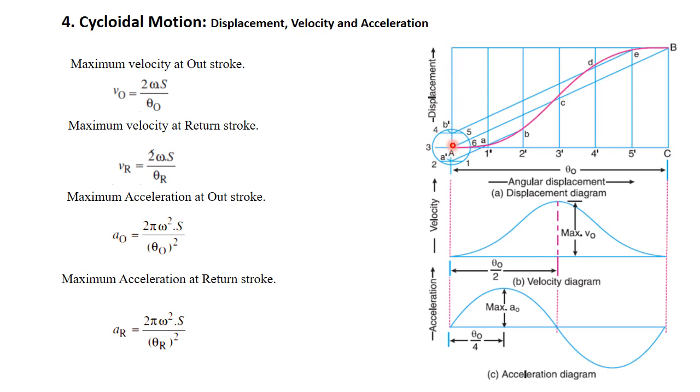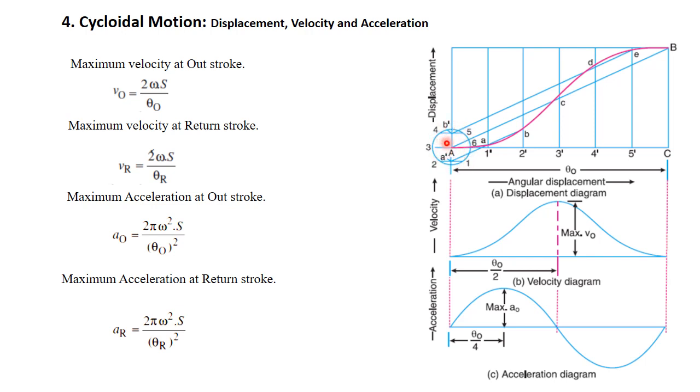So point A moves up and up and reaches the end position when it completes one complete revolution.